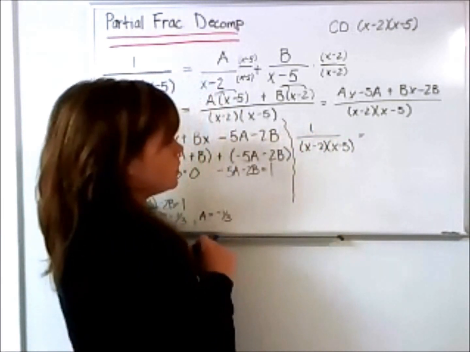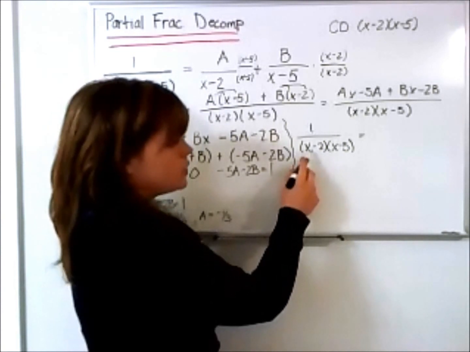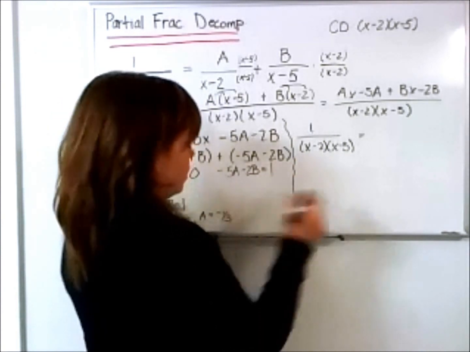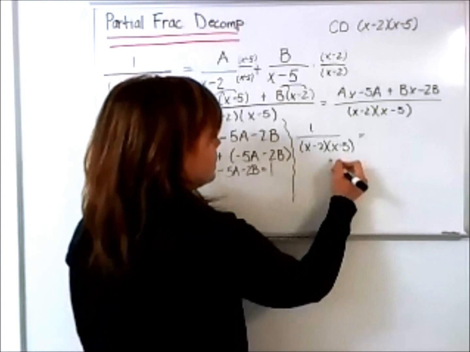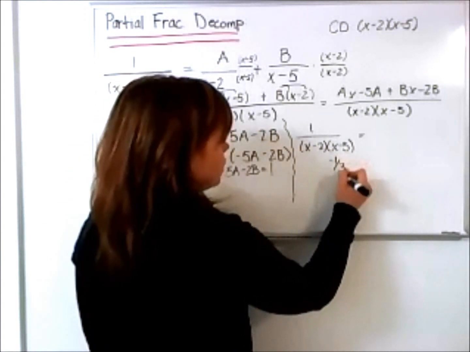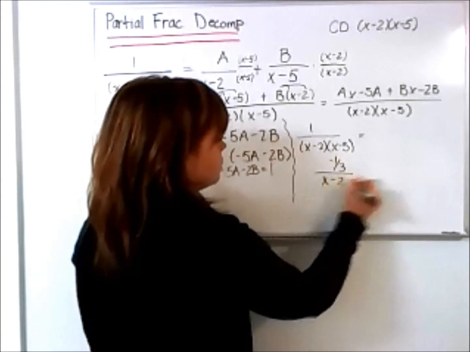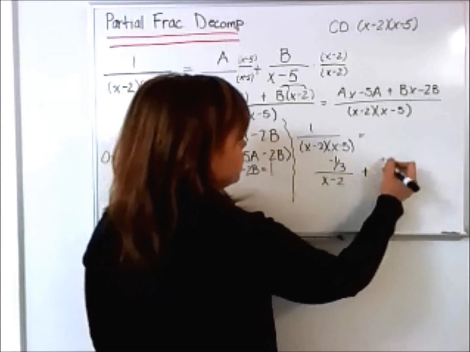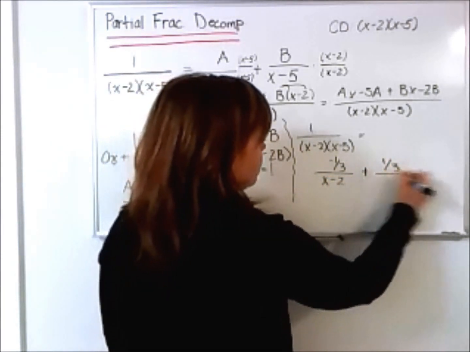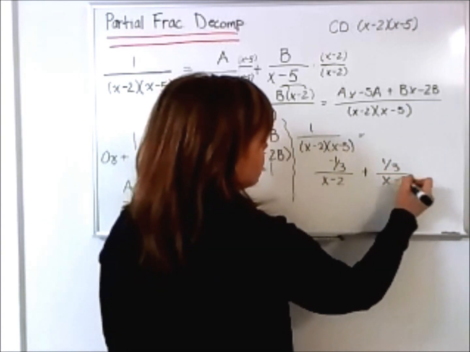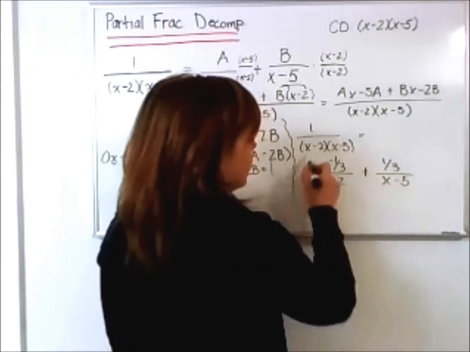This fraction, splitting it up into two fractions each with its own denominator, will be negative 1/3 all over x minus 2 plus 1/3 over x minus 5. And that would be your final answer.